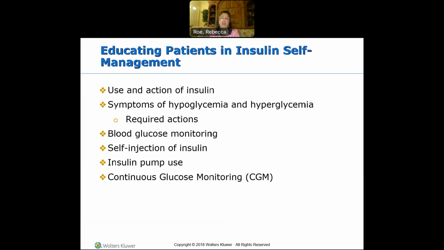So part of that education and self-management is the different types of insulins that they will be required to take, the symptoms of hypoglycemia and hyperglycemia. If they get into a situation where they need to come to the emergency room, what's required for emergent care, blood glucose monitoring, injection of insulin, the insulin pump use, and then the use of those continuous glucose monitoring systems and how that works.